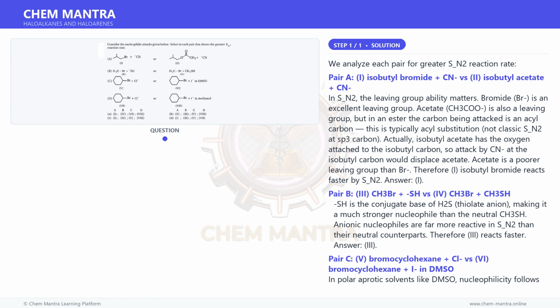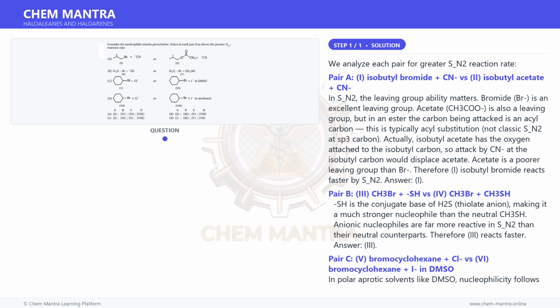Given the answer is C, with C5, the question may intend that both are secondary, cyclohexyl, and with I- in DMSO, the aprotic solvent promotes E2 elimination over SN2 for secondary substrates with large nucleophiles, so Cl-, less bulky, harder, gives more SN2 product. This is the correct reasoning.